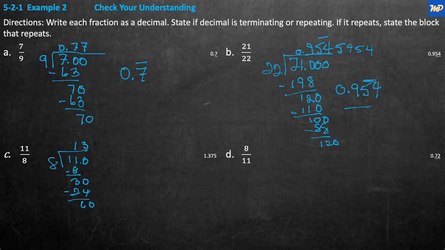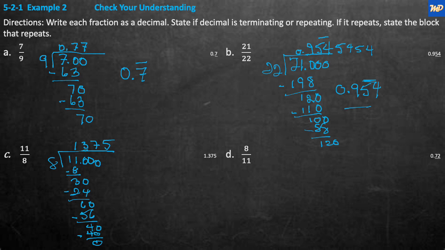Bring down a 0. 8 goes into 60 how many times? 7 times. 8 times 7 is 56. 60 minus 56 is 4. Bring down another 0. 8 goes into 40 5 times. 8 times 5 is 40. 40 minus 40 is 0.